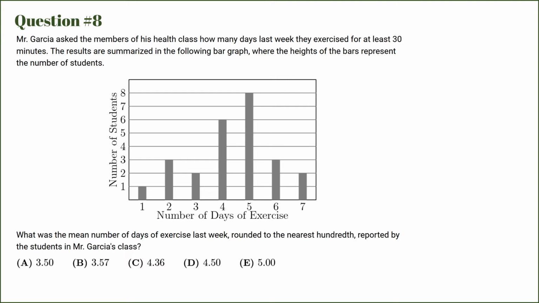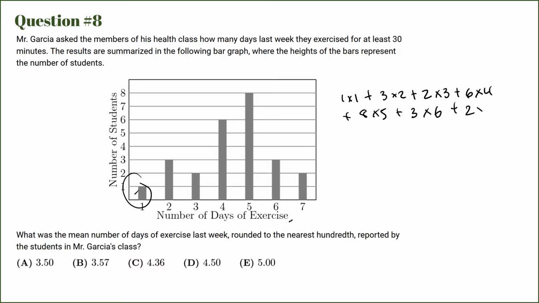Okay, to solve this, we just have to take the mean, which is just the average. So the average would be the number of students times the number of days of exercise, over the number of students. So that would be here 1 times 1 plus 3 times 2 plus 2 times 3 plus 6 times 4 plus 8 times 5 plus 3 times 6 plus 2 times 7.